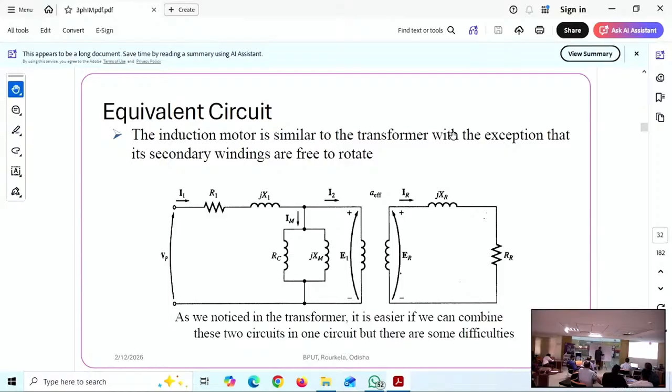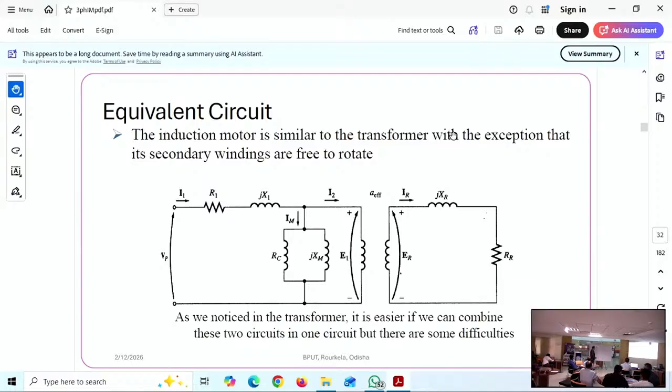So this is equal to V2 by V1 into I1 by I2. V1 by V2 is A effective, and this is also A, so it becomes a square. So Z2 equals Z1 into A effective square.